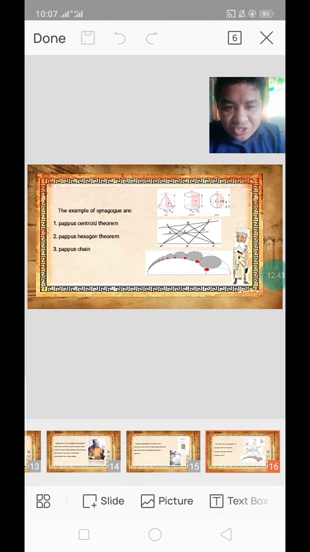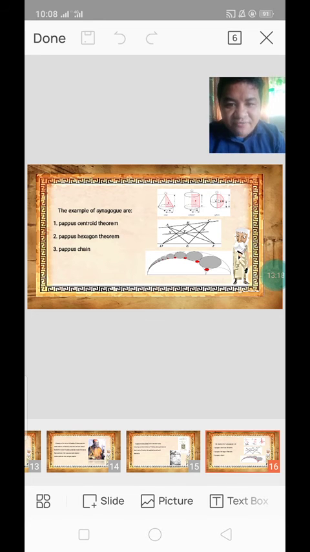So the Pappus Centroid Theorem is either of two related theorems dealing with the surface area and the volume of surfaces and solids of revolution. So in this Pappus centroid theorem, I think it is a triangular cylinder which is identified for the volume, areas, and radius.